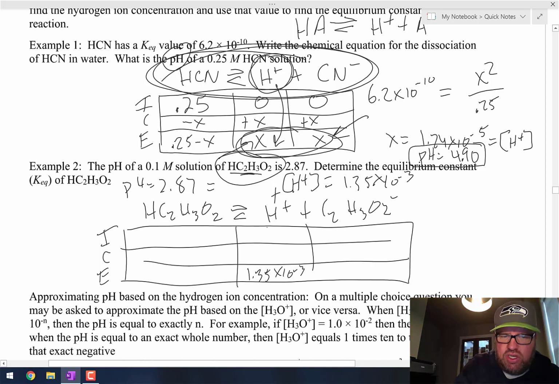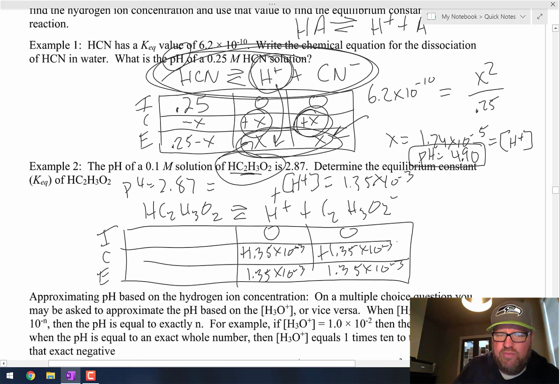What was it initially? 0. So it went up by this, and that's our X value, which means the acetate ion is going to go up by the same amount. So those are equal to each other.